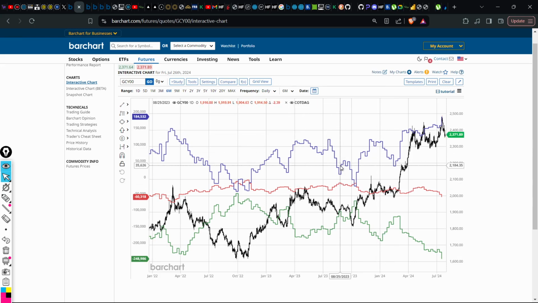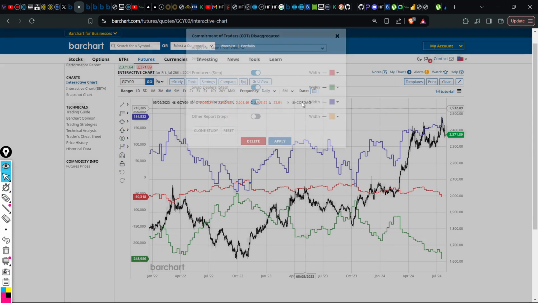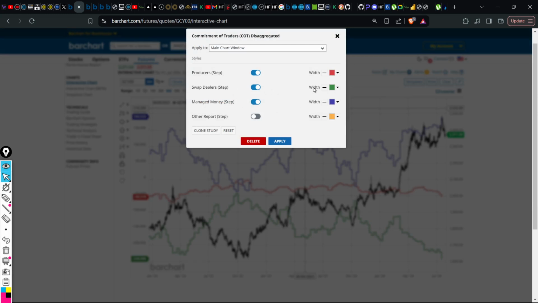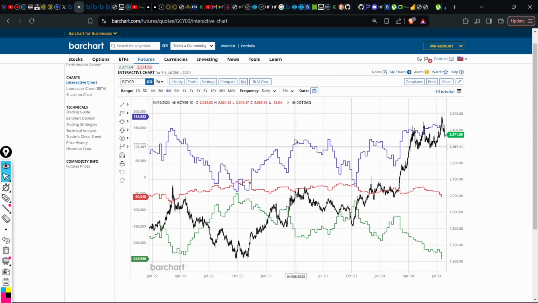So these are the positions. Remember, just like it has been shown in the colors here, swap dealers are the green one, managed money purple, producers red. So these are producers, these are the managed money, and these are the swap dealers.